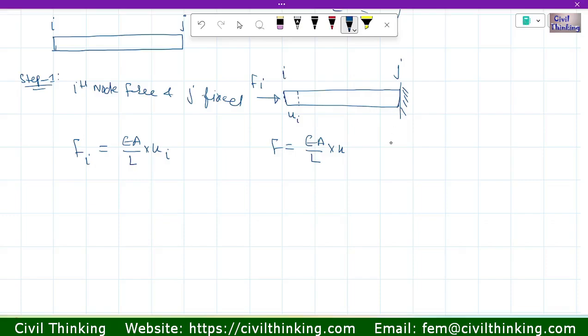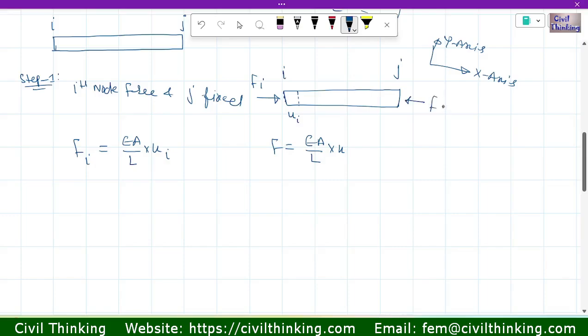Now remember this, let us say this is the x-axis and this is the y-axis. Our 1D bar, our 1D rod, is along the x-axis, right? So if I want to draw the free body diagram here, there is going to be a reaction force like this.